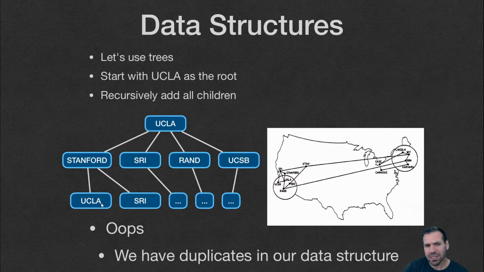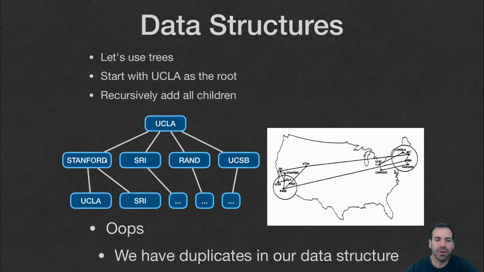Debatably, you can solve this issue without too much work. You can say, well, each node would have to remember its parent, and then say Stanford has a parent of UCLA, so don't have a child of UCLA. That doesn't make sense. So get rid of that because it's already connected via the parent, which is fine. But we also have SRI as a child.